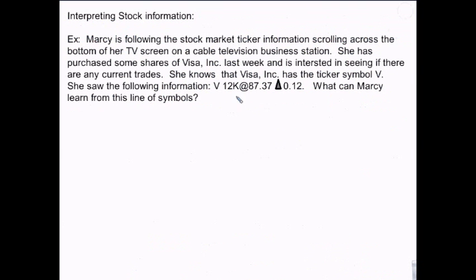Example, okay? She had some sales of Visa, and she's interested in seeing if there are any current trades, so she's looking at the ticker, and this is what the ticker looked like. So we want to say, okay, what does this mean? Well, the V equals Visa.